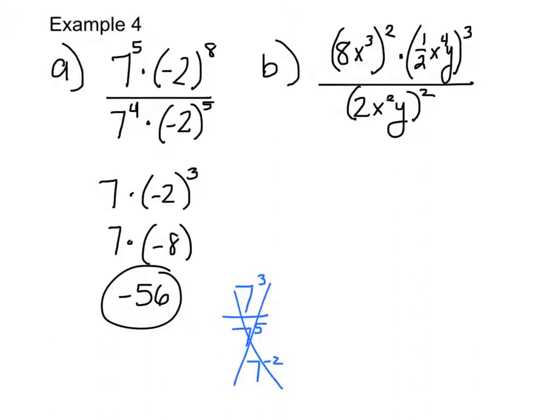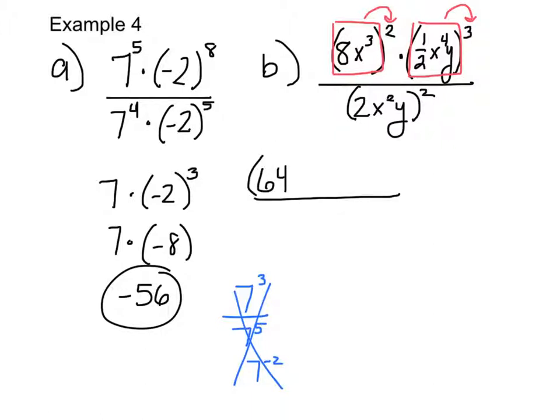So the first thing on top, we're going to take 8x to the third squared, and we're going to take this to the third power. We're going to get rid of our powers first. So 8x to the third squared, what is that? Well, 8 squared is 64.